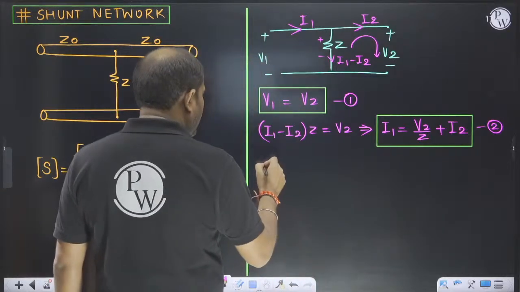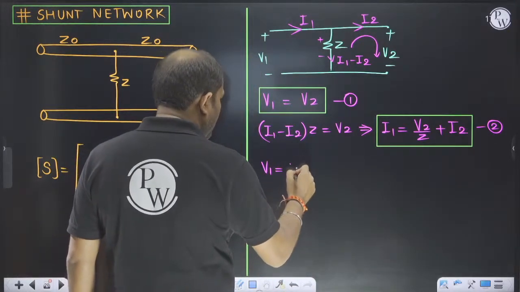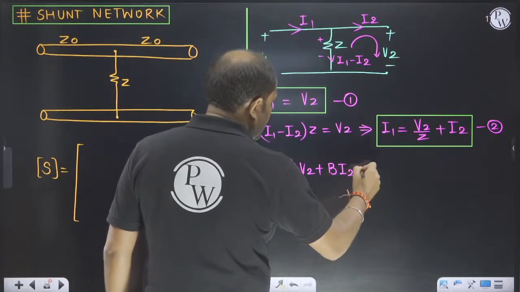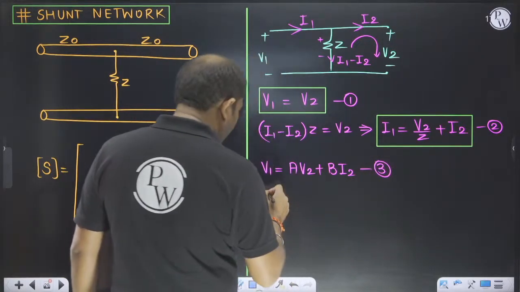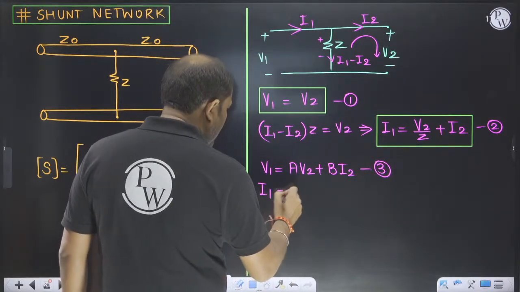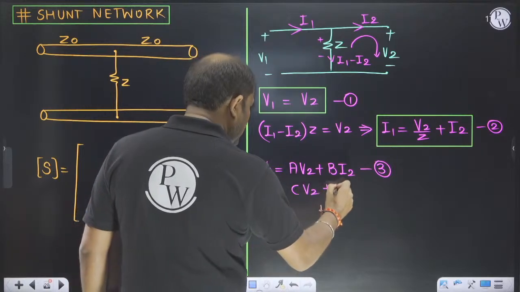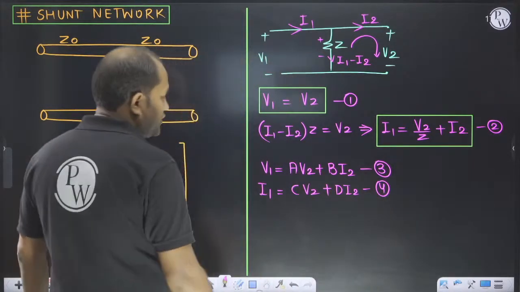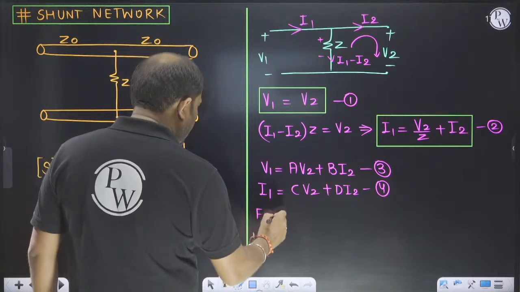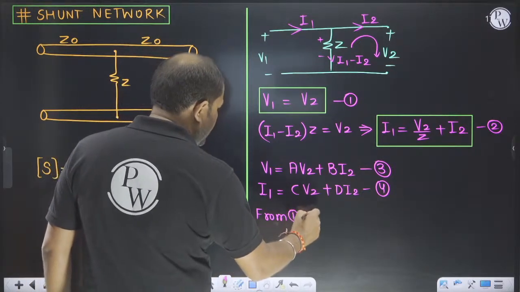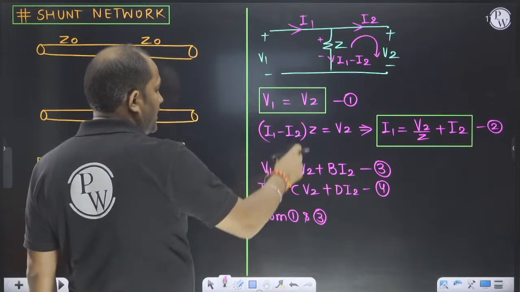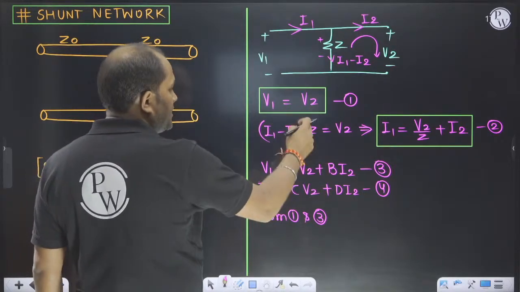And you know the ABCD parameter: V1 is equal to AV2 plus BI2. This is the third equation. And I1 is equal to CV2 plus DI2. This is the fourth equation. From first and third, we get A is 1, B is 0.